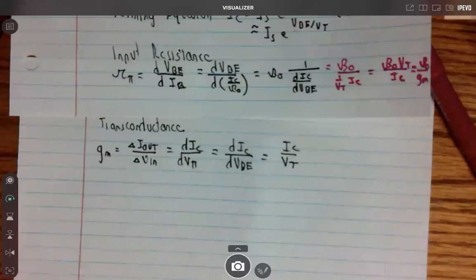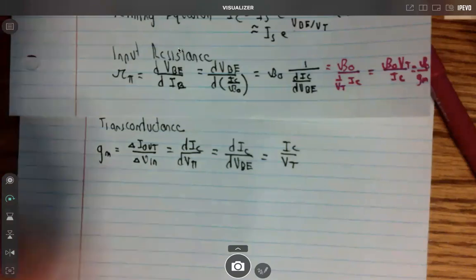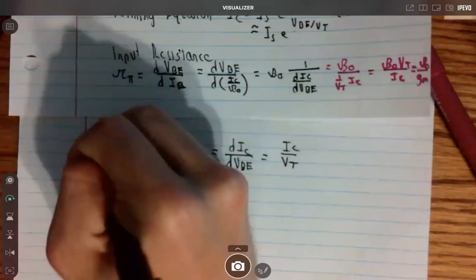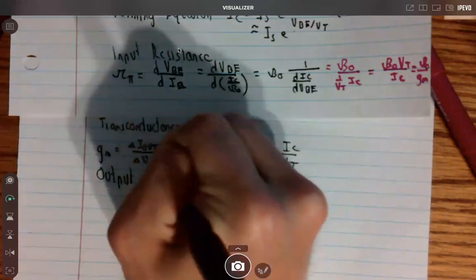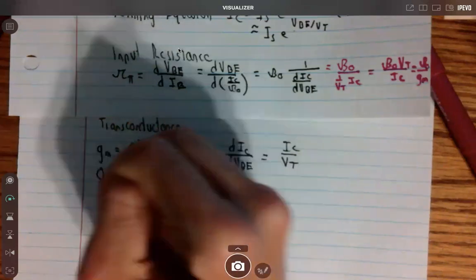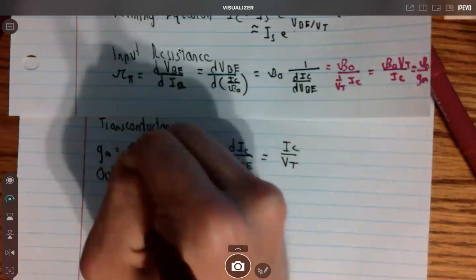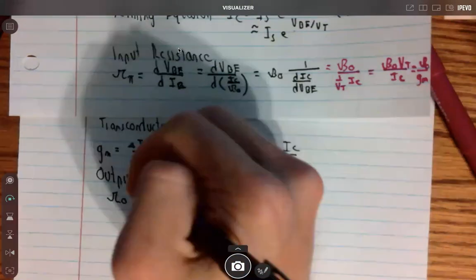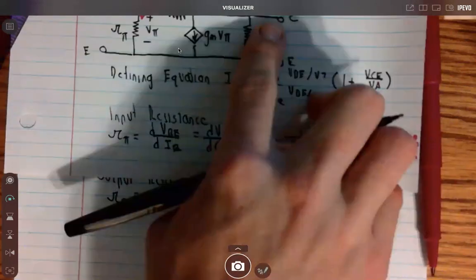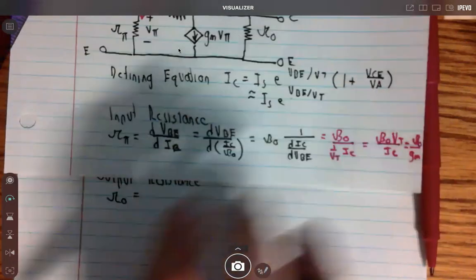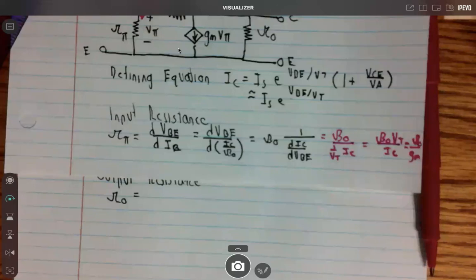Now that we talked about that, we're going to have the output resistance. So the output resistance is given by R out, which, looking up here at the model, is the voltage between the collector and emitter all over the current IC, because that's what's actually going through.